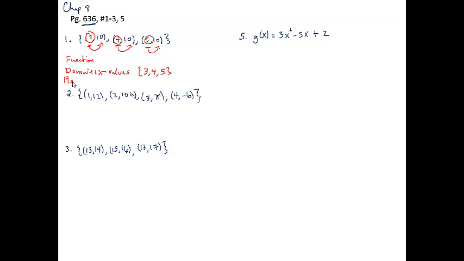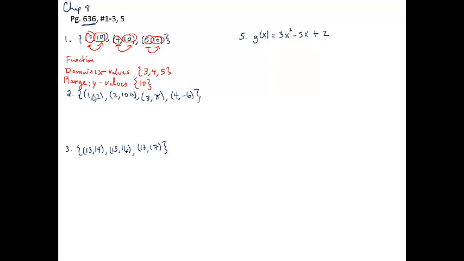And then the range is always going to be the y values. So again, I look up here, what are my y values? 10, 10, and 10. Therefore, the range is just 10. You do not write repeats in here. Great. So that's problem number 1.